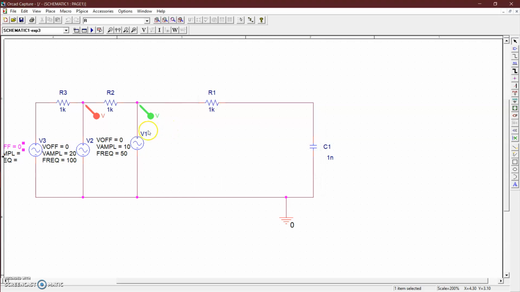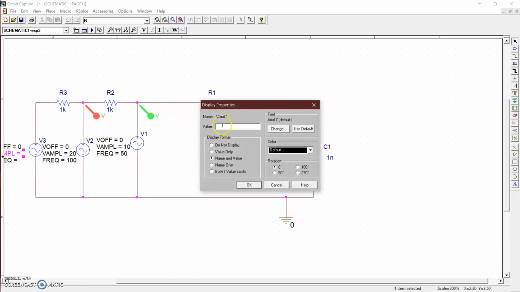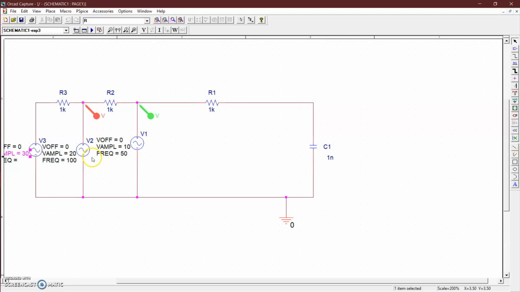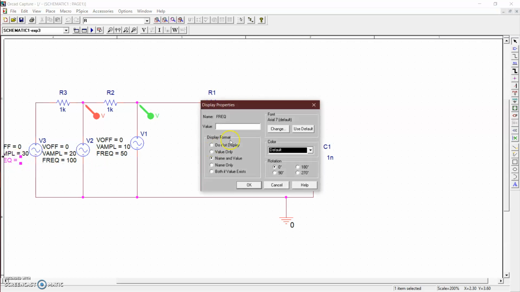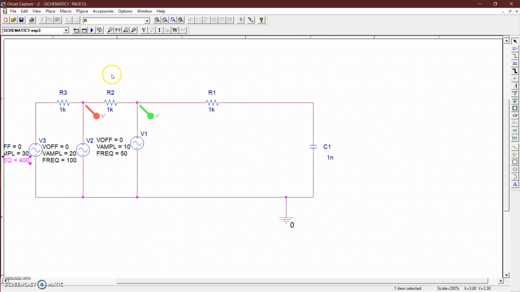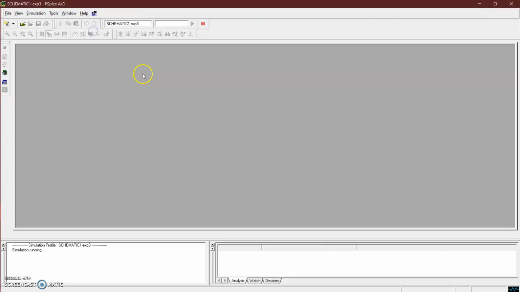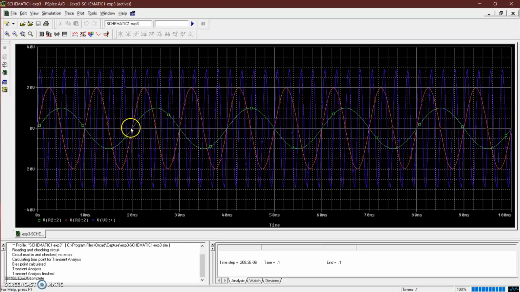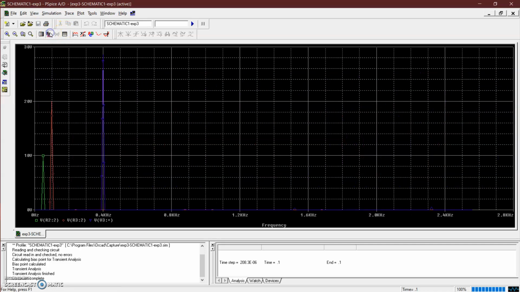Let's make the amplitude 30, and make the frequency a little bit higher, say 400 hertz. Now I place a probe. So I have 3 probes for 3 sources. Now let's run it. You can see my green one, that was my 400 hertz, so that is too much. And if you look at the frequency domain, you can see at 400 hertz I have another peak.